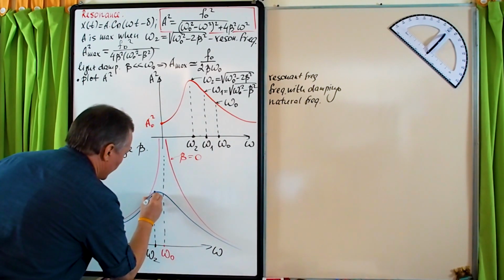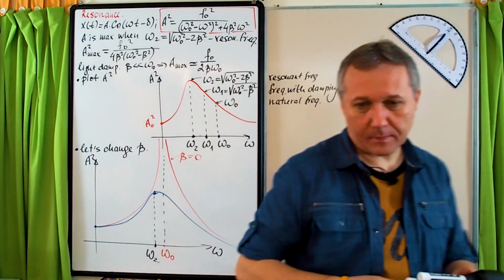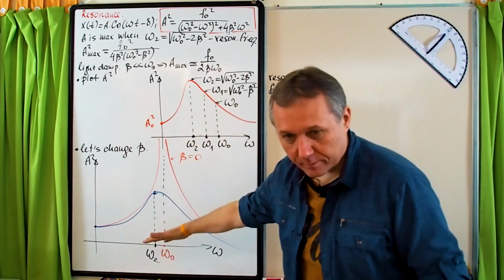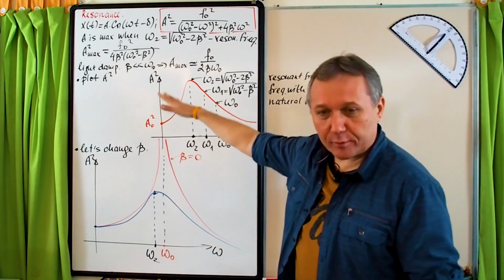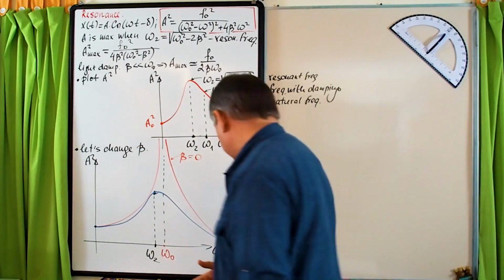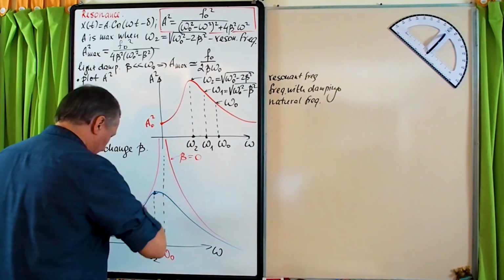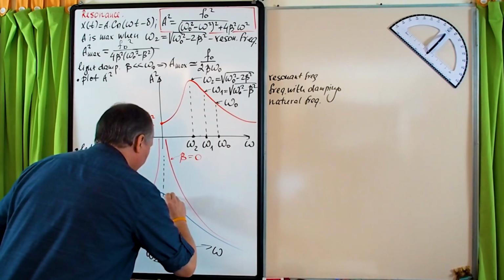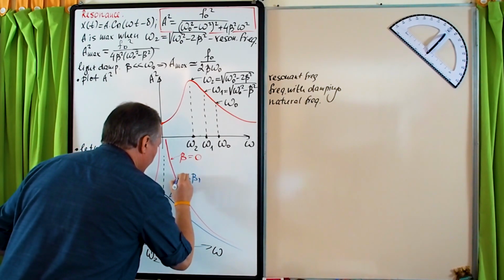It should be maximum over there. So the amplitude is getting smaller, and the curve is getting wider. Let me show that this is beta 1, larger than 0.